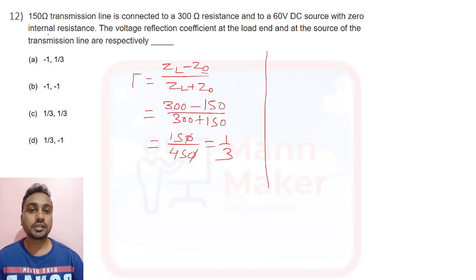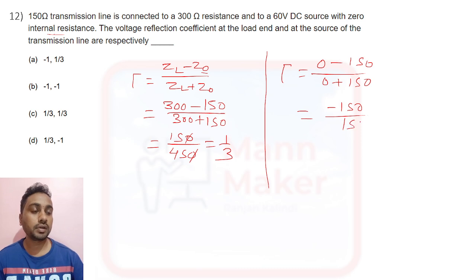In this case, the resistance will be 0, the internal resistance is 0. That means our ZL will be 0. So it is 0 minus 150 divided by 0 plus 150, which is minus 150 divided by 150, equal to minus 1. So the answers are 1 by 3 and minus 1. Option D is the right answer.